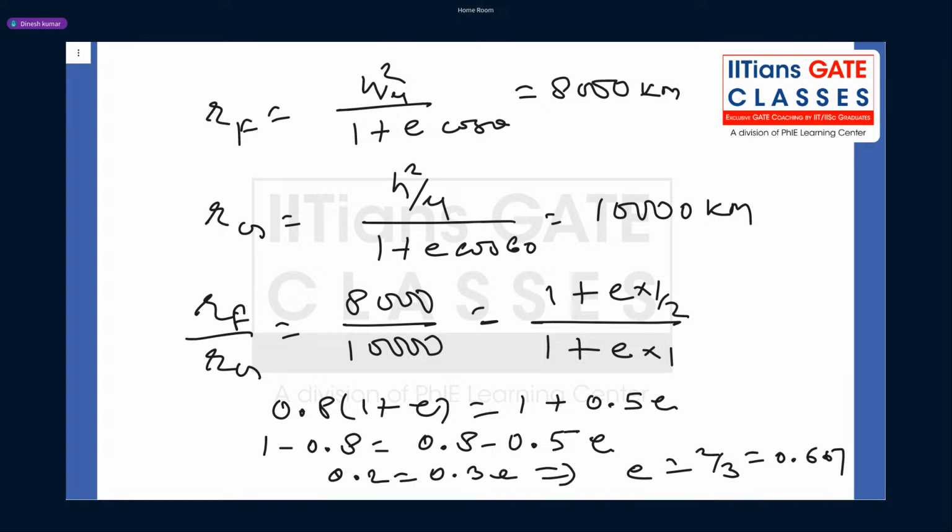So the eccentricity for this orbit is 0.667. That simple was this question.